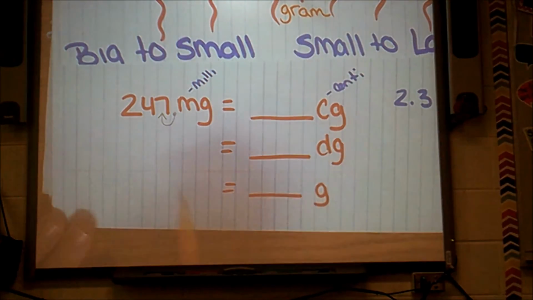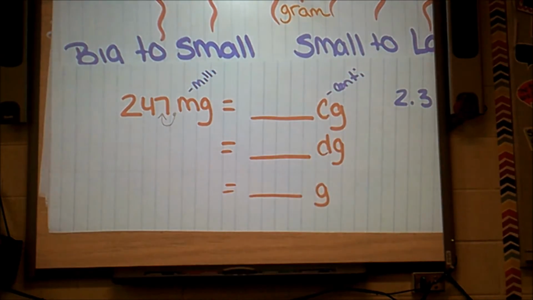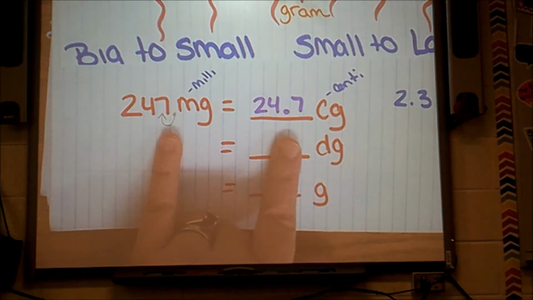So that means my decimal is now going to live in between my 4 and my 7. That there are 24.7 centigrams in 247 milligrams. Those are equal.